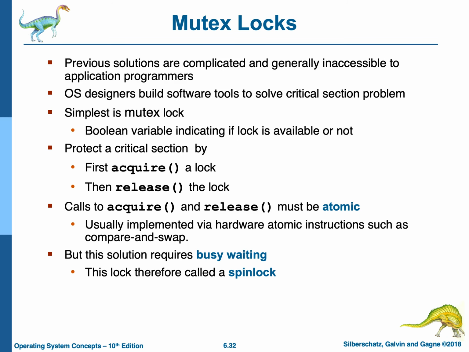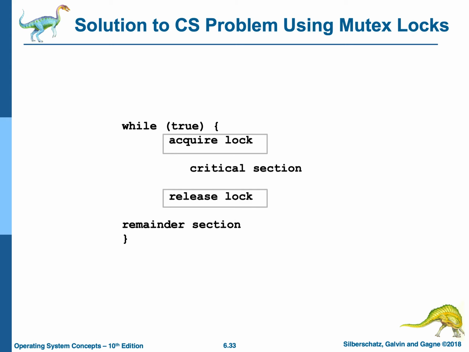Now we have mutex locks, as I have already told you. Before proceeding, I must show you that there are two types of synchronization. There are two approaches of synchronization. One is busy waiting, and the other is no busy waiting.